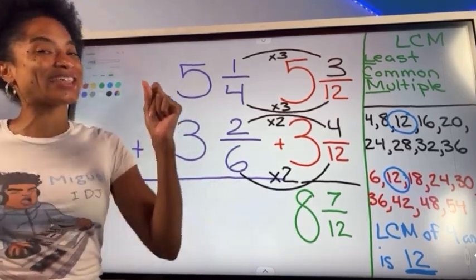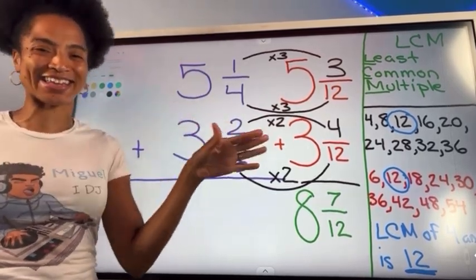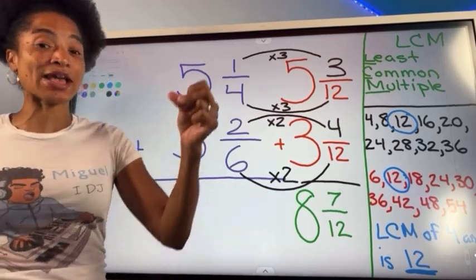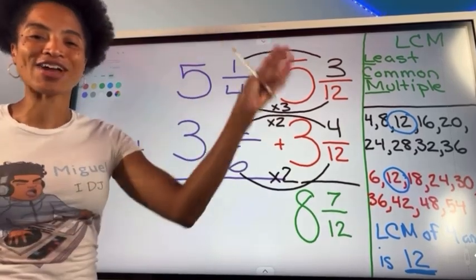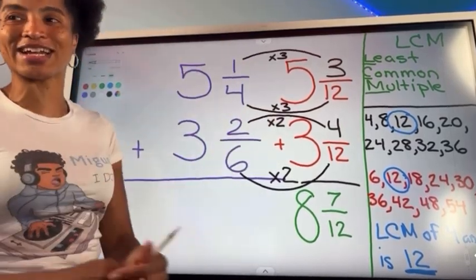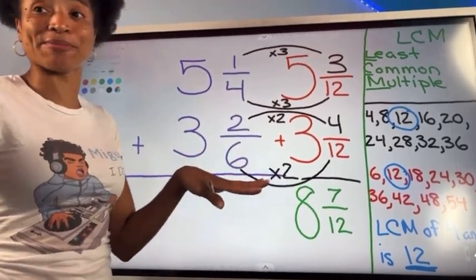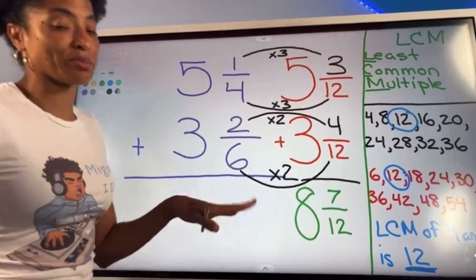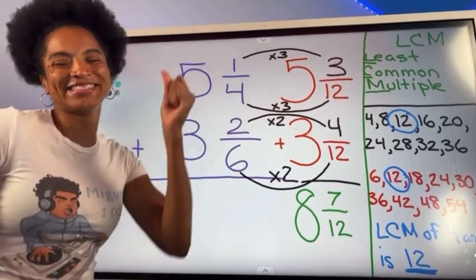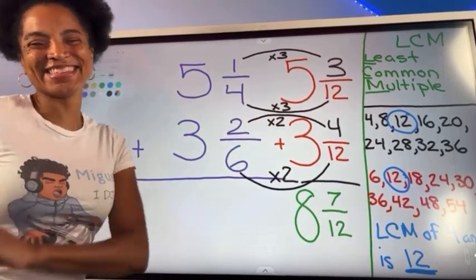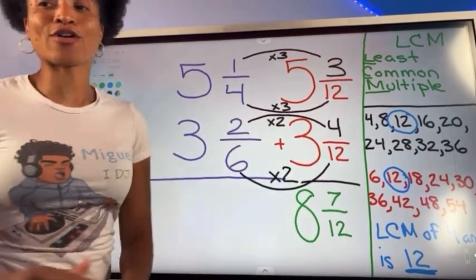Break it down, let me show 'em what's happening. Hold up, let me make sure they have the same denominators, then I'm gonna get right back to adding. Oh, I gotta add these fractions. Break it down, let me show 'em what's happening. Hold up, let me make sure they have the same denominators, then I'm gonna get right back to adding. Anytime my denominator's different, I'm looking for that LCM till I get it. Turn my LCM into my new denominator. Make equivalent fractions to get my numerators. I take my numerators and I add them up. I take my numerators and I add them up. Keep my denominator as my LCM. Keep my denominator as my LCM. When I get my sum, I make it higher than the summer.